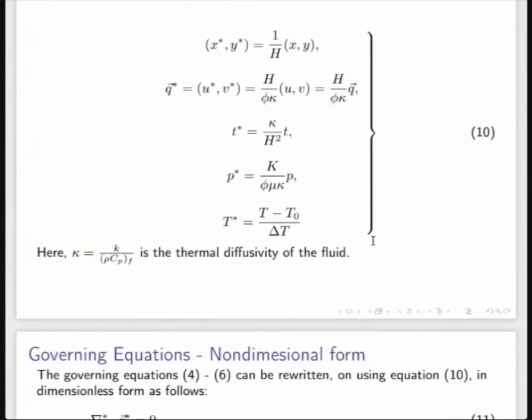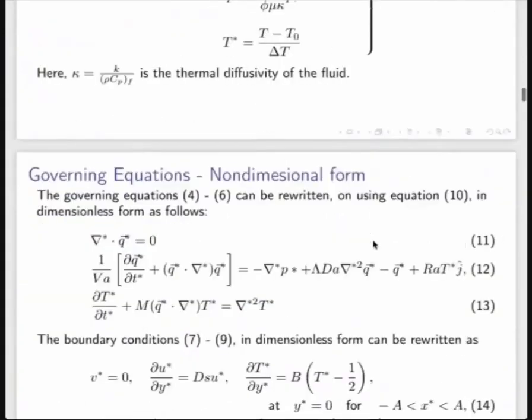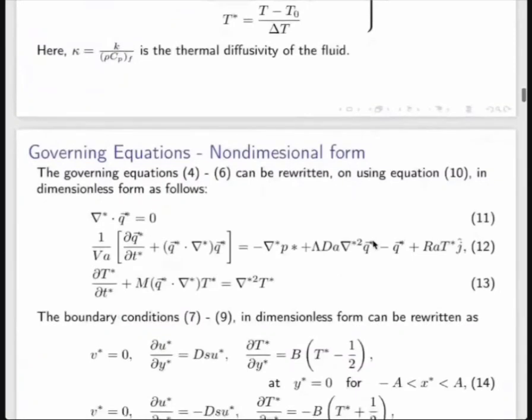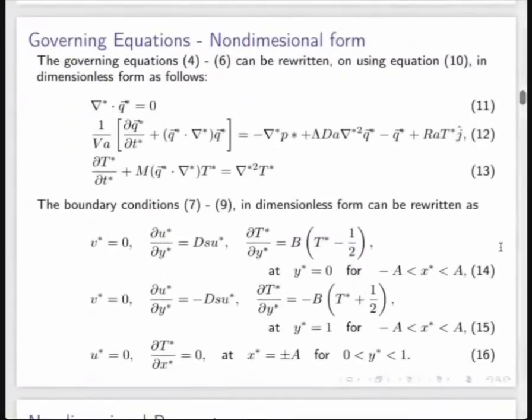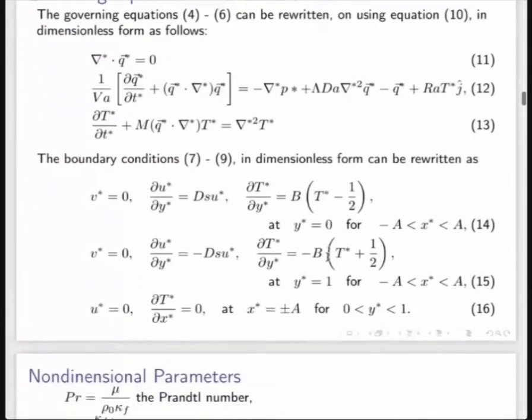non-dimensional variables, which are given in equation 10. And once we use equation 10, we end up getting equations 11 to 16, and these equations are in the non-dimensional form.